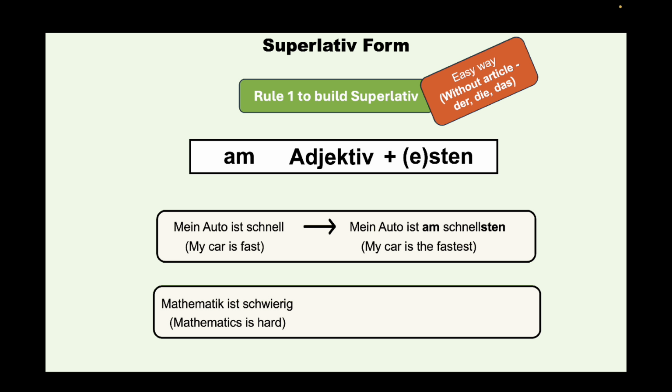Mathematics is hard. Yeah, I know it is. And in superlative it will become Mathematik ist am schwierigsten. Mathematics is the hardest. Yeah, that's also not false, right? So Mathematik ist am schwierigsten. Mathematics is the hardest. So you see over here we again added sten at the end and am before the adjective.